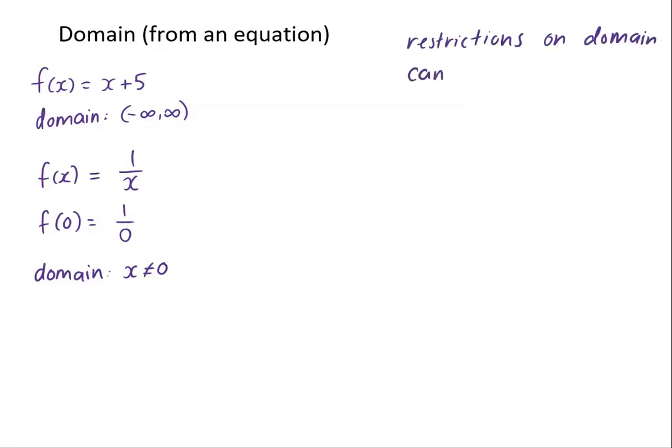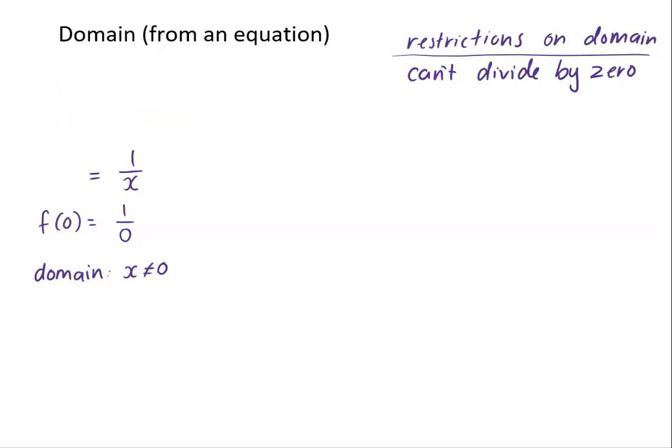We can't divide by 0. We know that. That's one of the things that kind of breaks maths when we try and divide by 0. That's the first restriction on our domain. So let's have a look at some functions where we have to consider this restriction on our domain.